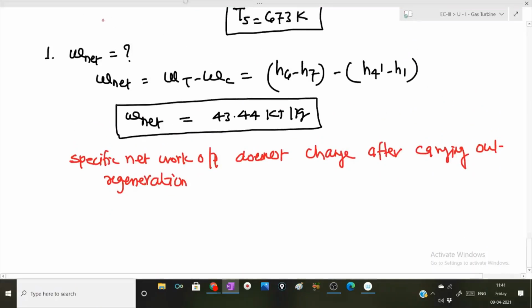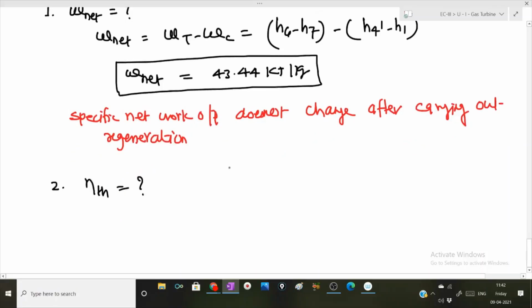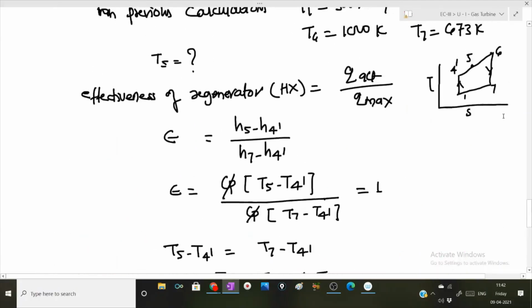Then next one is thermal efficiency in the second cycle. Now what will be thermal efficiency here? Thermal efficiency will be W net upon QS. W net over what will be heat supplied actually in the combustion chamber. Refer to this cycle.